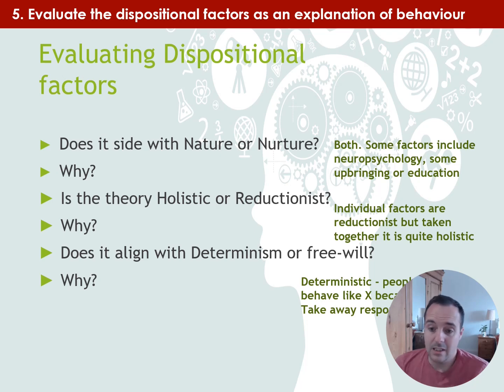However, it is deterministic, because what you're saying is these dispositions that you have are going to cause you to behave in this way. So Adorno would measure your personality, and if you scored high on the F scale, he would say, right, so basically you would go and electrocute people in Milgram's study. So deterministic, you don't really have a choice about it.